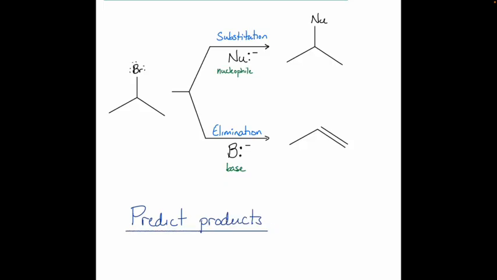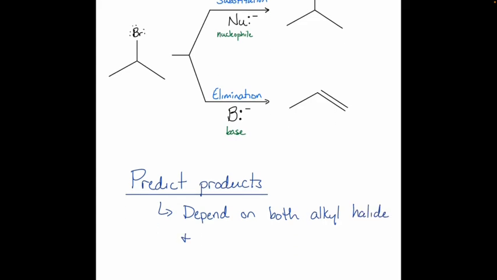What we're going to see is that predicting our products depends on both the alkyl halide that we start out with and the nucleophile slash base that we're using.